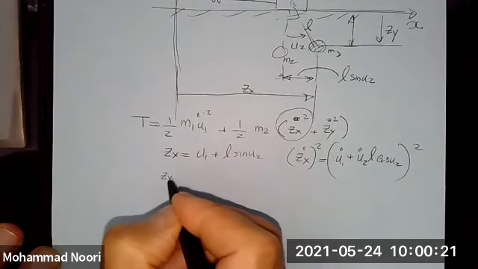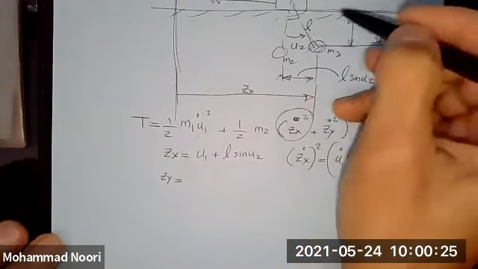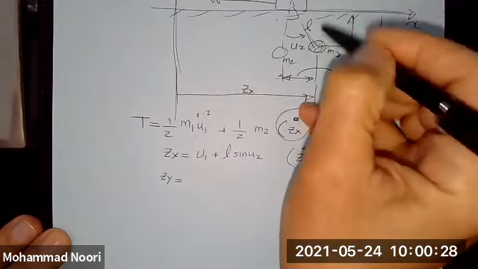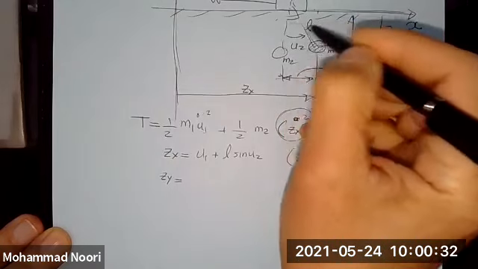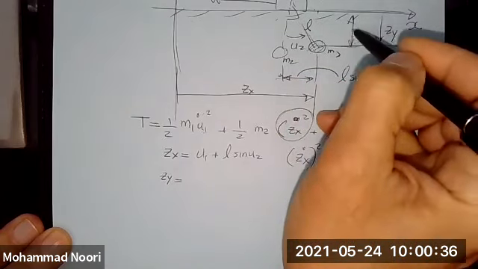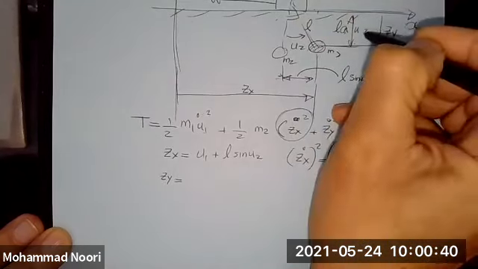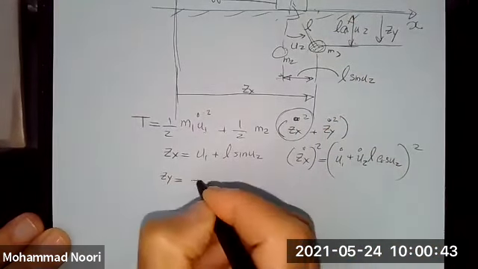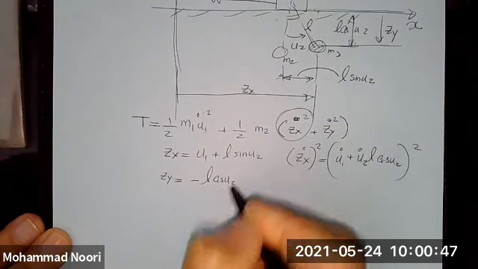But how about Zy? Zy would be simply what? This distance traveled, which is L cosine of U2. But since it is this way, I would consider that negative sign. So it's negative L cosine U2.